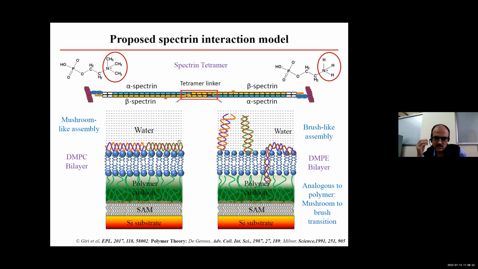This has significance, because in the cell membrane, it is PC and PE composed, both in quite large numbers. If you have a PC-rich domain, then the spectrins form a network kind of thing, which doesn't allow external molecules or some internal molecules to pass through the membrane. But if there is a brush kind of arrangement, then you can have channels where molecules can be transported.